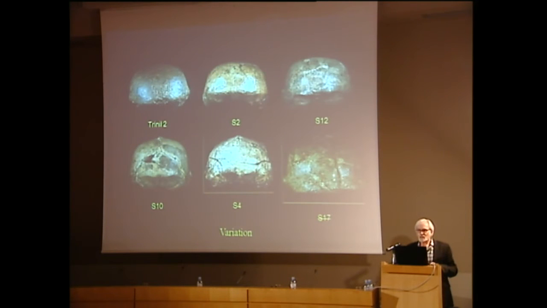That, I think, is variation. And if we look at them from the rear, as I showed you yesterday, they all have this wider than tall configuration, but they differ in terms of robusticity, in terms of this sagittal bulge. Sangiran 17 is the outlier. People don't know necessarily that this is more than twice the size of the cranium of Sangiran 2 and Trinil.